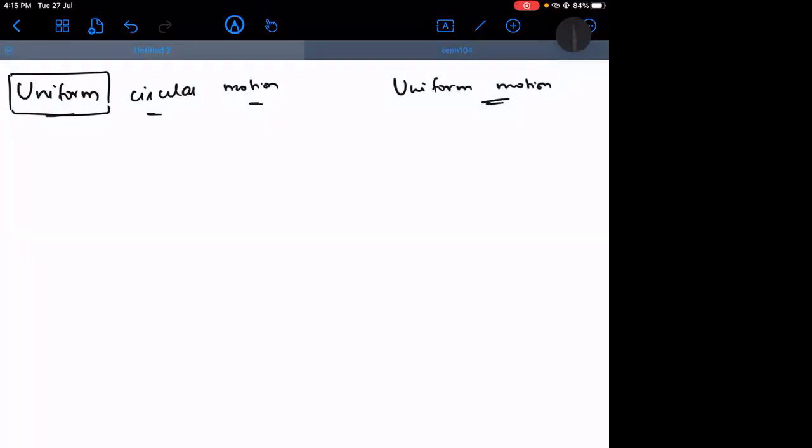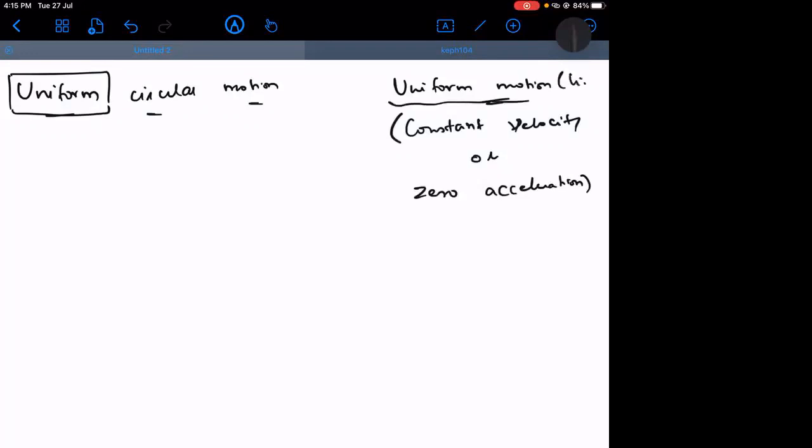Constant, sir. It is constant velocity, or we can say zero acceleration, right? This is the uniform motion with respect to a linear motion. Now, what is a uniform circular motion? Here also uniform has something to do with constant velocity.